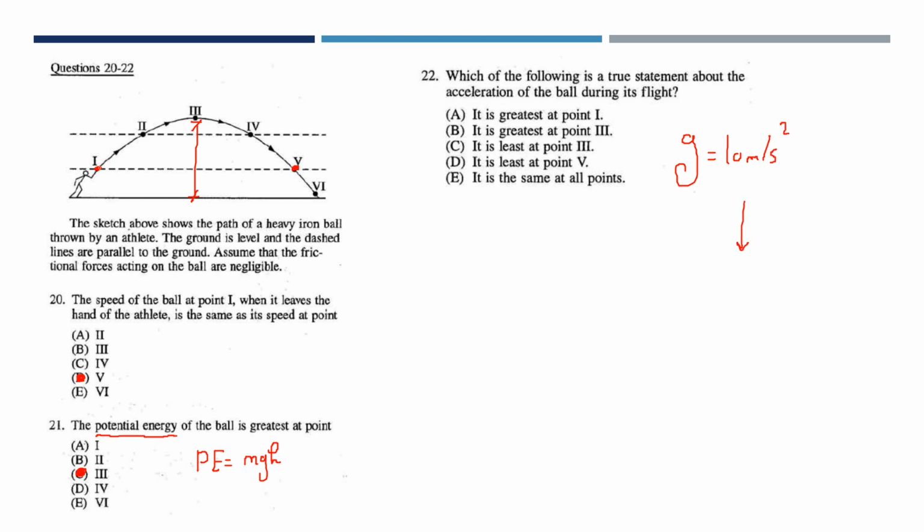So the acceleration during the whole flight is always constant, 10 meters per second squared. Let's be more precise. It's negative 10 meters per second squared because the ball is being projected upwards against gravity. So at all points, we have the same acceleration, which is the gravitational acceleration.